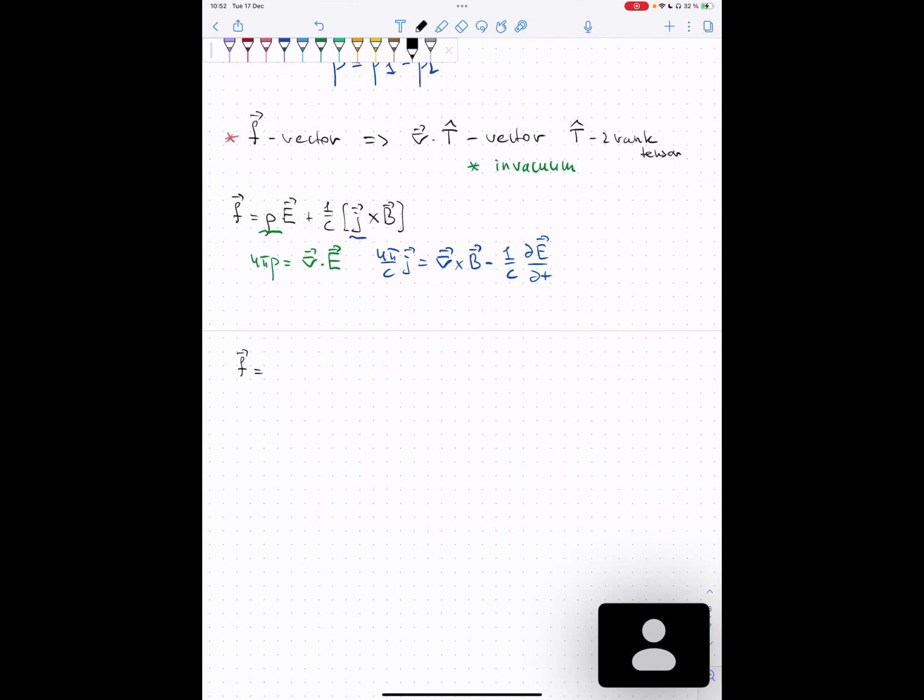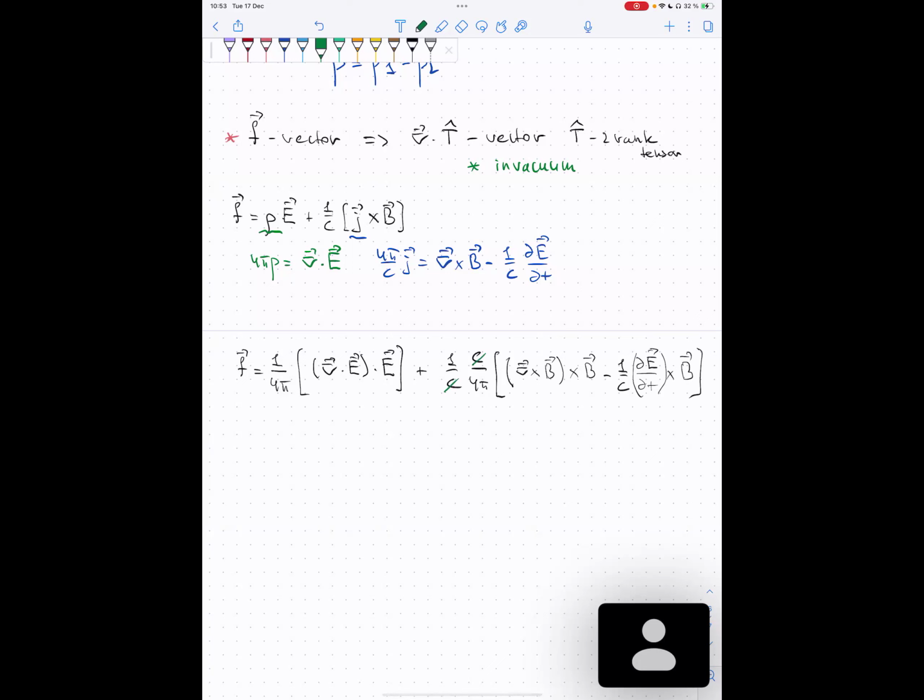So let me substitute these expressions here. The Lorentz force density then will be equal to 1 over 4 pi, divergence of E multiplied by E, plus 1 over 4 pi, curl of B multiplied by B minus 1 over c dE over dt multiplied by B. Like this.